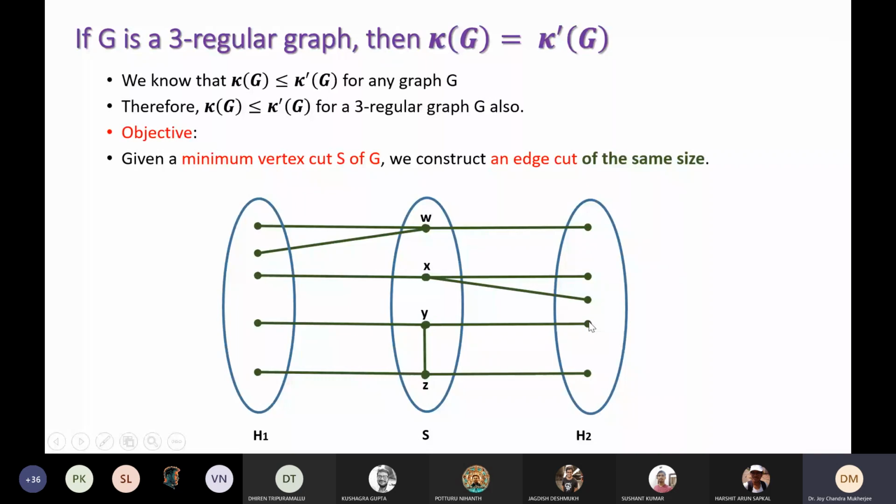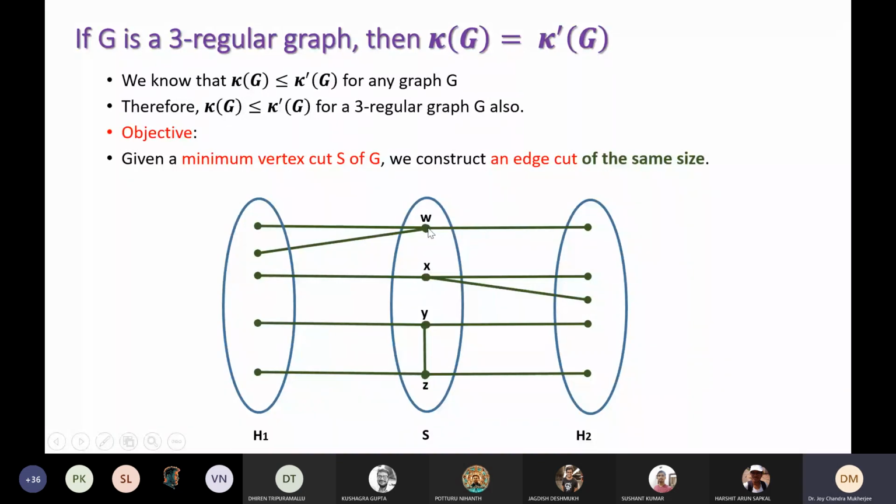Since it is a three regular graph, every vertex has three neighbors, so every vertex in S has three neighbors. Now suppose W is a vertex in the vertex cut. What is the status of its neighbors? One neighbor must be in H1, one neighbor must be in H2, and the third neighbor may be in H1 or may be in H2.